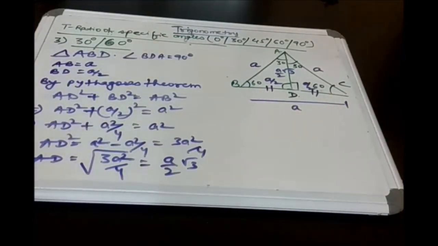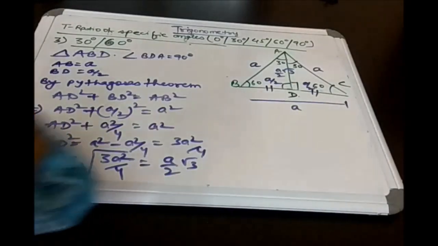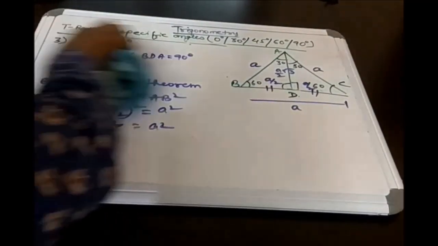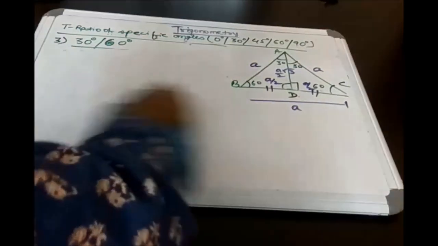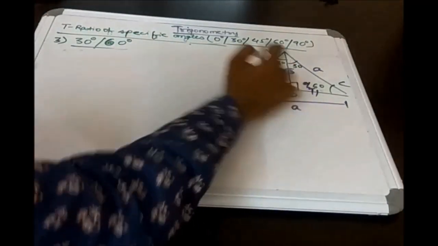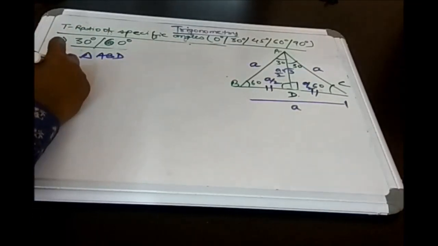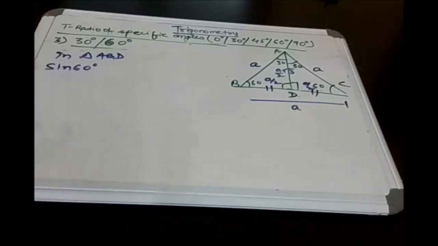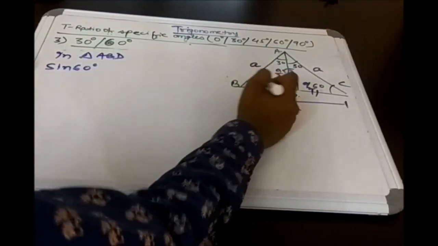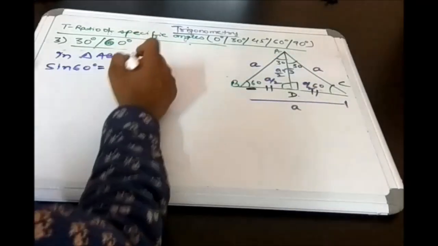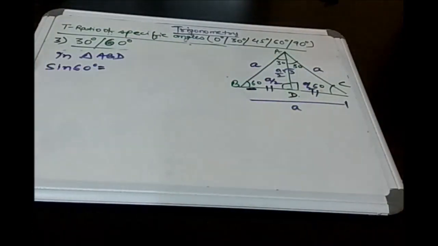So now in a triangle we know the value of all three sides, we know the value of angles, we can very easily derive the trigonometric ratio. So if you see in triangle ABD, sine of 60 degree. I am taking this angle 60 degree. Sine of 60 degree will be perpendicular. What is the perpendicular? The side which is opposite to the angle in respect of which we are trying to derive trigonometric ratio.